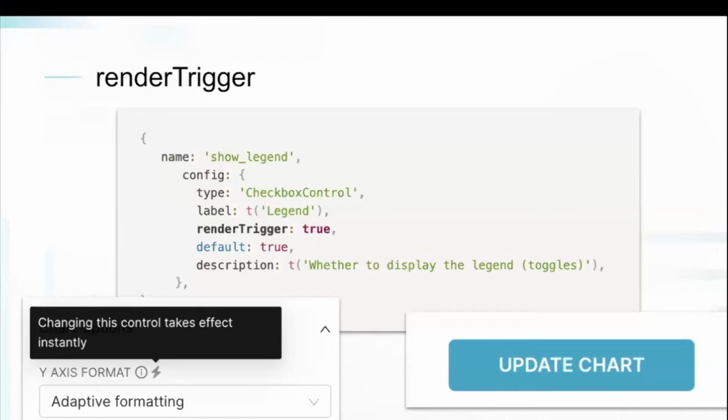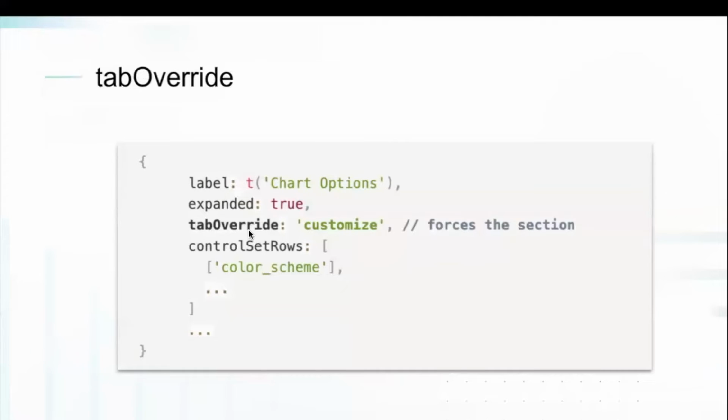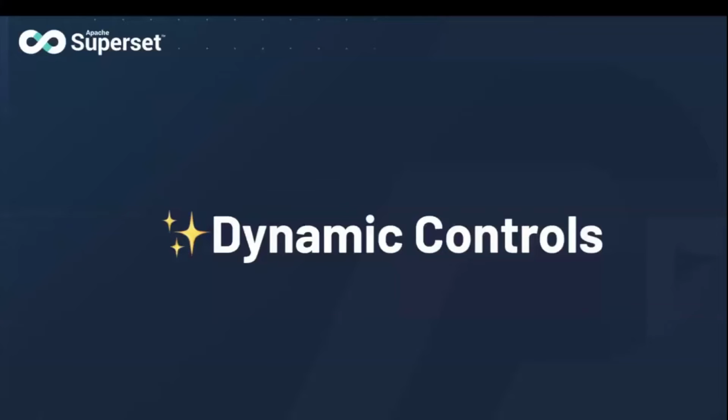And of course, that doesn't work for everybody because there are exceptions where you want to trigger a query from the customized section or not trigger a query from the data section. So what can you do there? We've got this tab override property, which allows you to basically force it to customize or force it to data. It's a little unusual, but you can do that.